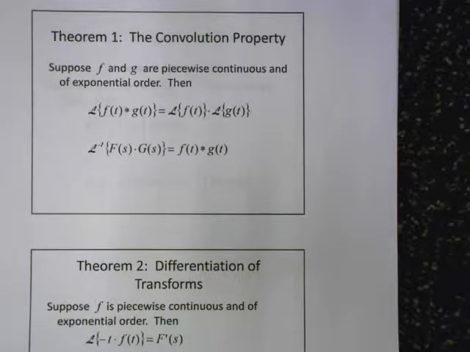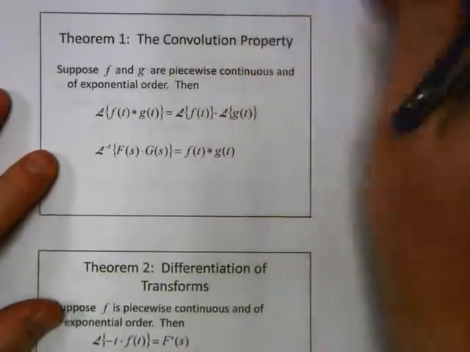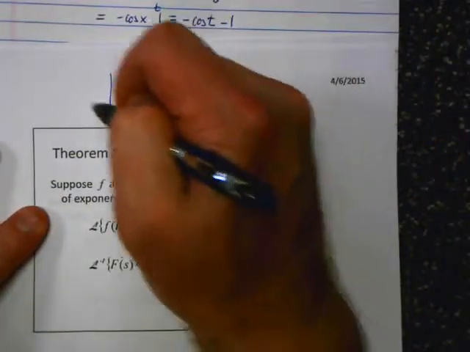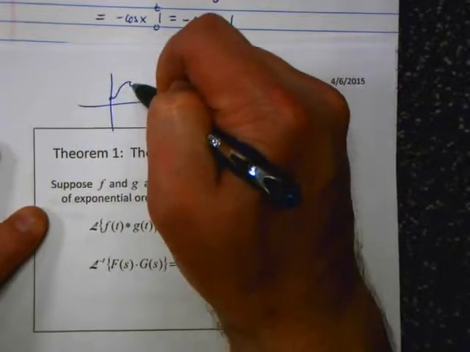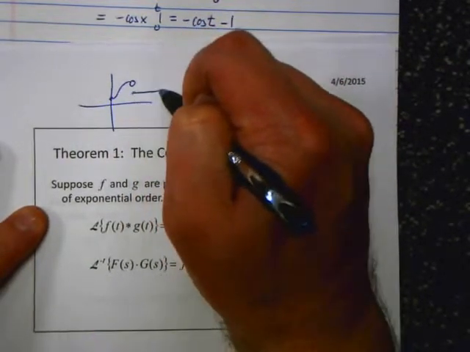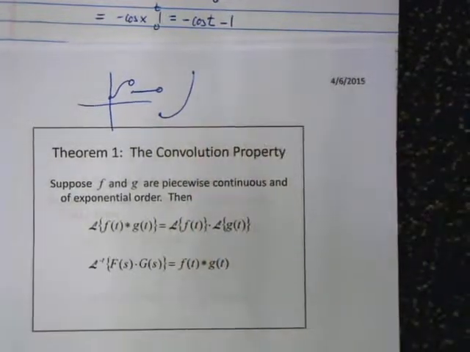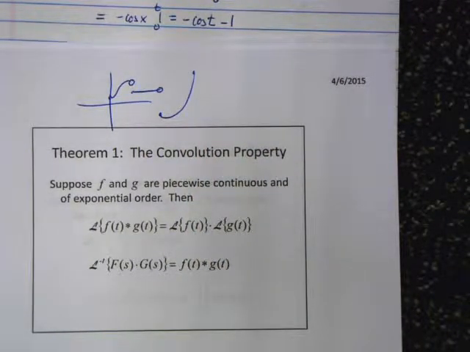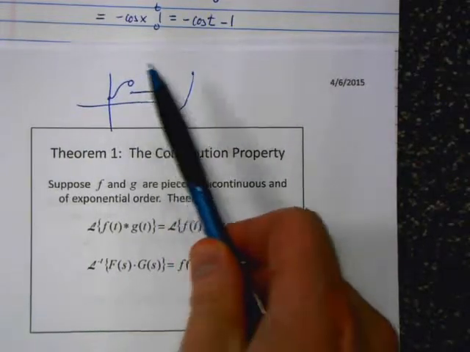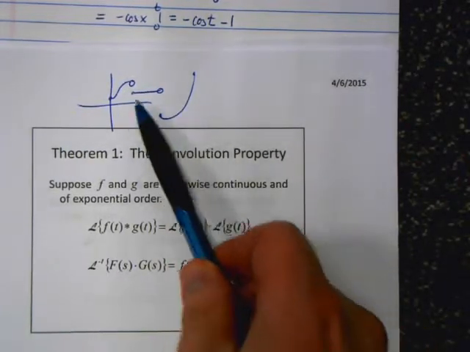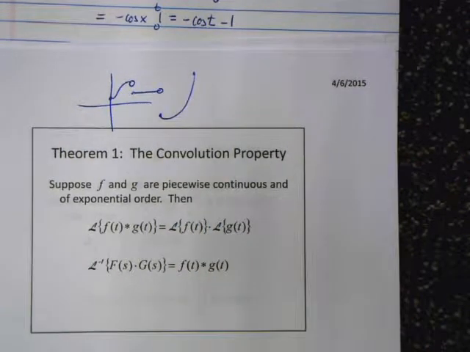You've got chunks of continuous, but you only have finitely many discontinuities. So piecewise continuous might have looked like this. But there are only finitely many discontinuities. So each piece is continuous, and there's only finitely many discontinuities. That's what piecewise continuous meant.